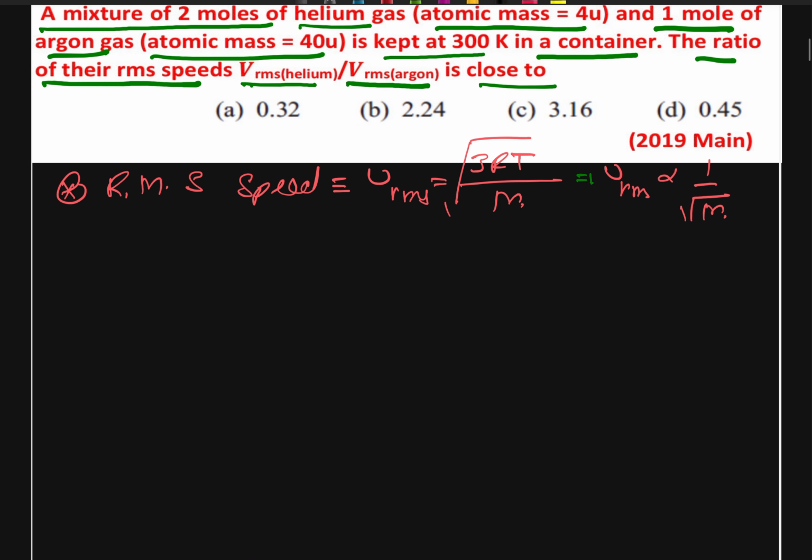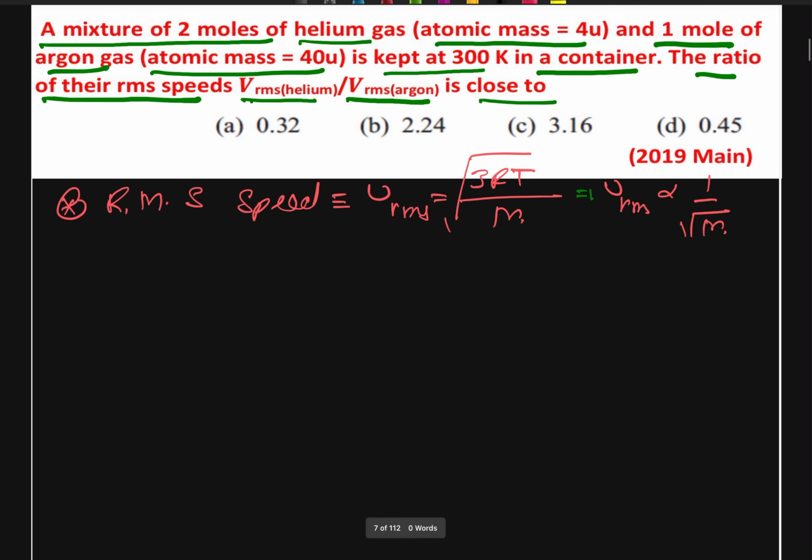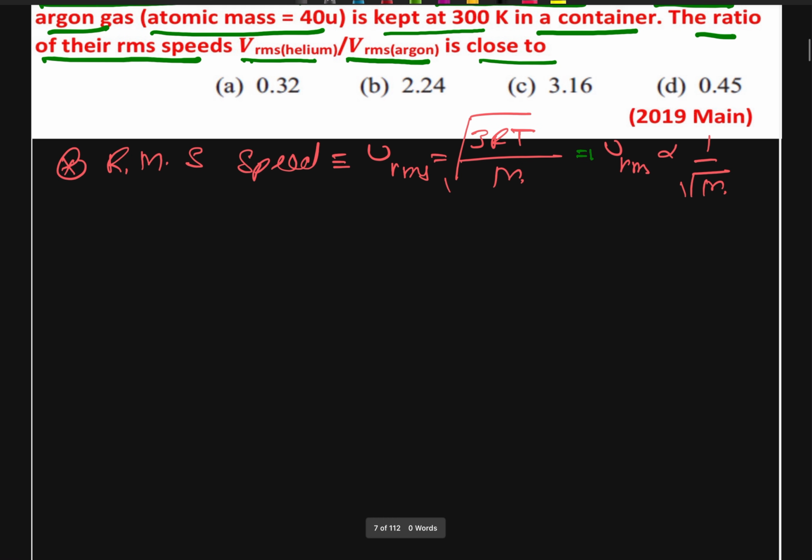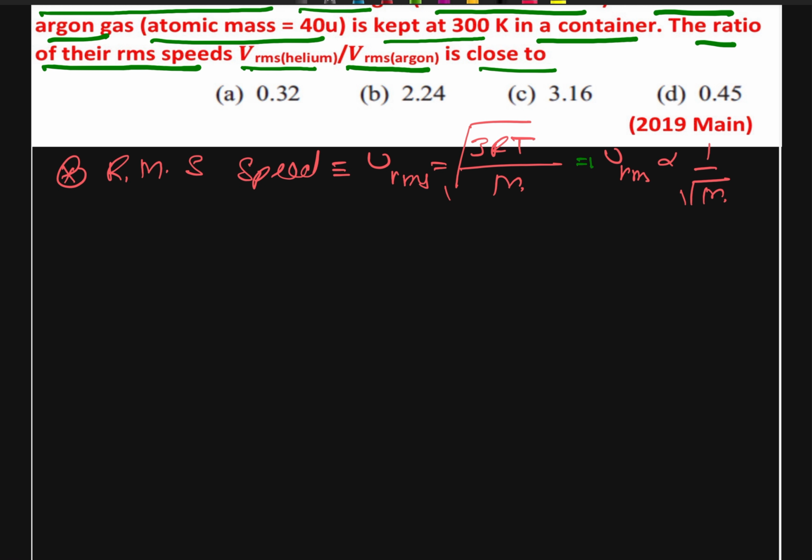And we can apply this formula to our helium and argon gas, though we can write it directly in the ratio. We can say VRMS helium over VRMS argon will be equal to the square root of M of argon over M of helium.